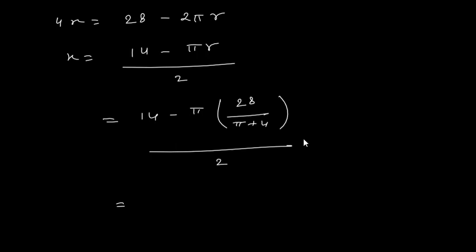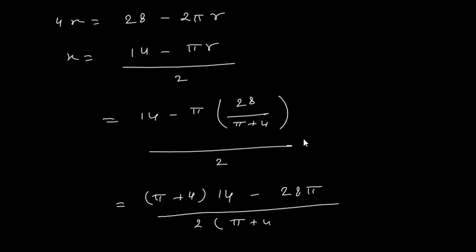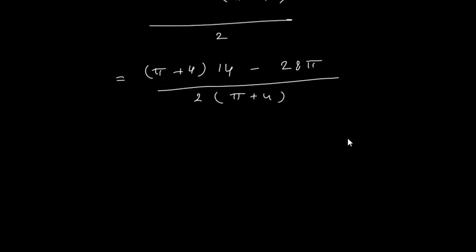So let us expand this. This pi plus 4 will multiply with 14 minus, this is 28 pi whole divided by 2 into pi plus 4. Okay, I hope this calculation is not that difficult. You can do it well.